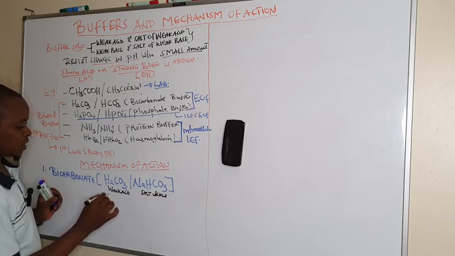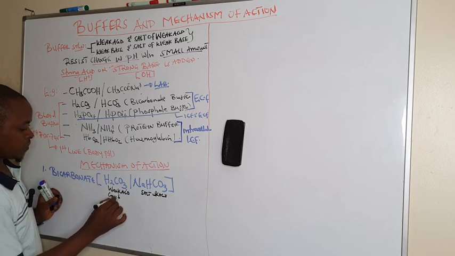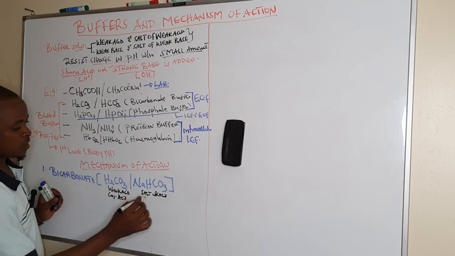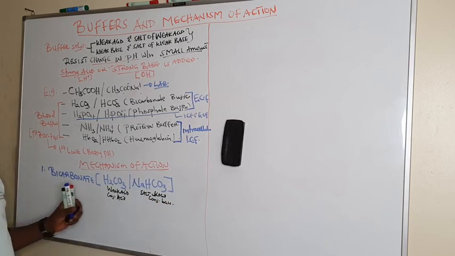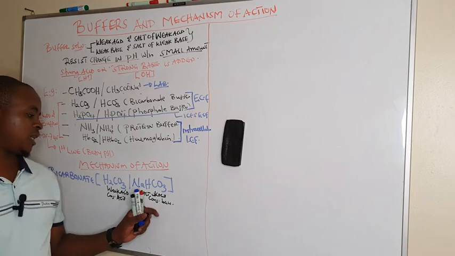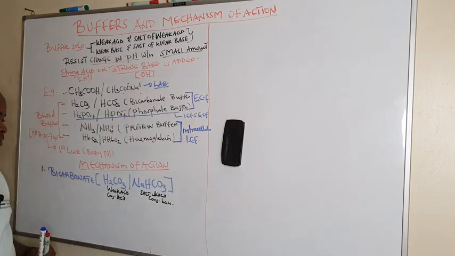Or this is a conjugate acid. This one is going to act as a conjugate base. Conjugate acid is the one that donates a proton, whereas the conjugate base is the one that accepts a proton.